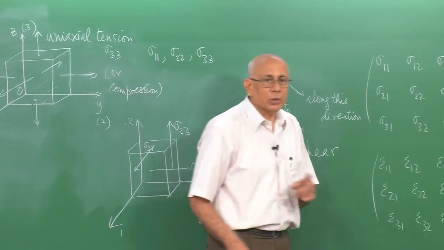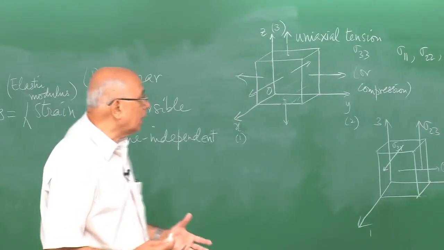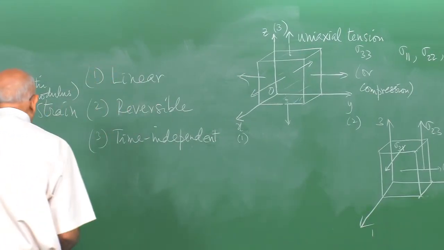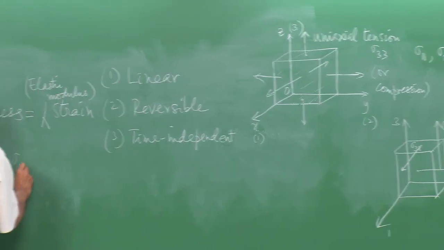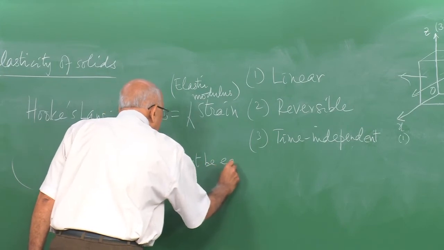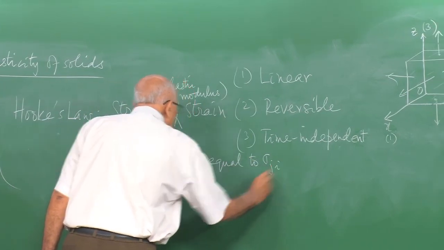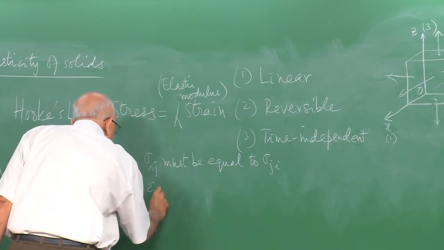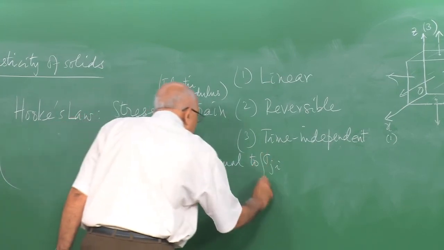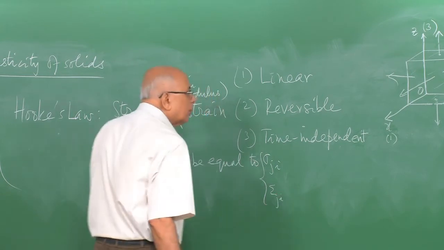First of all, one can show that for thermodynamic stability of this system, sigma ij must be equal to sigma ji, and similarly epsilon ij must be equal to epsilon ji. This means you don't have 9 independent quantities.